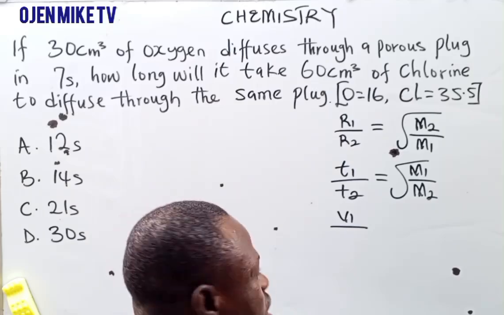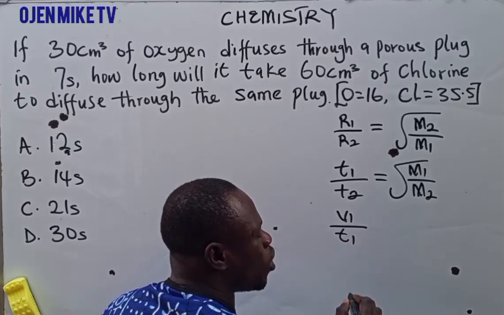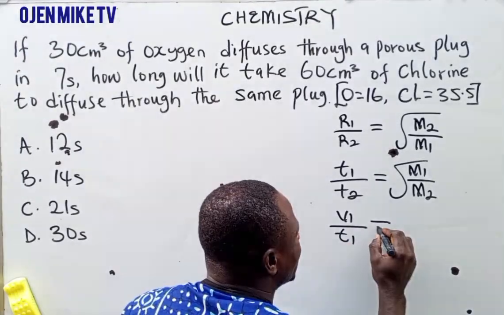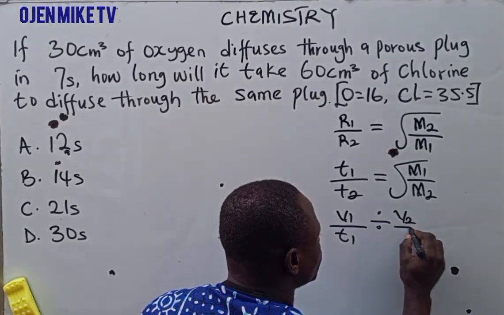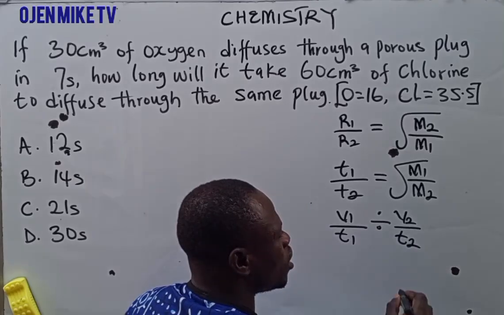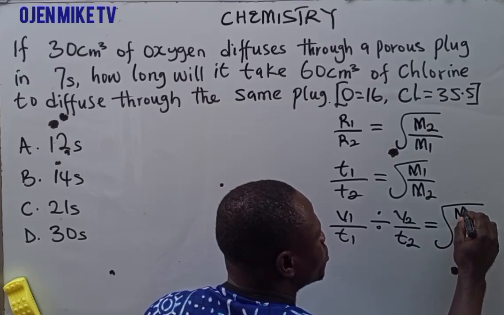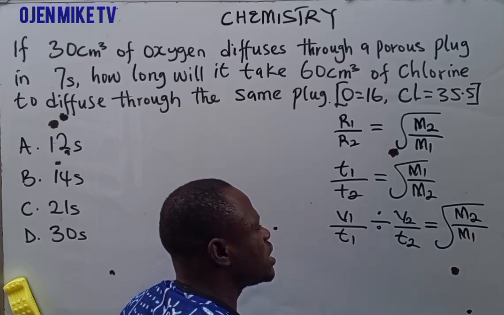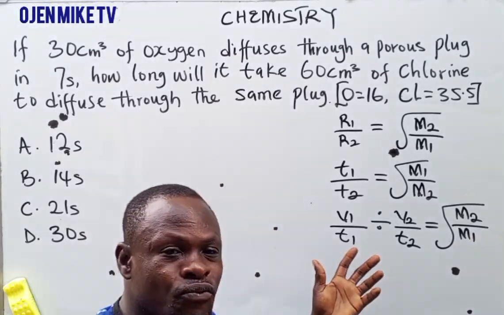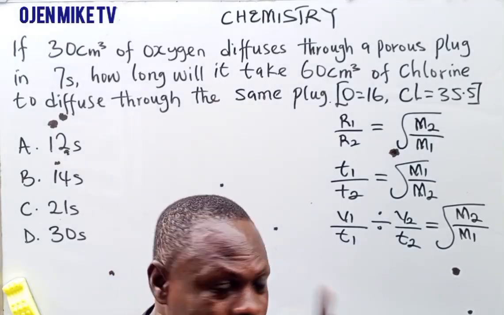So what you're going to do is that you have volume 1 over time 1, you divide it by volume 2 over time 2. You equate it to the square root of the molar mass of 2 over the molar mass of 1. That is the formula you can use if volume and time is given. Please take note.